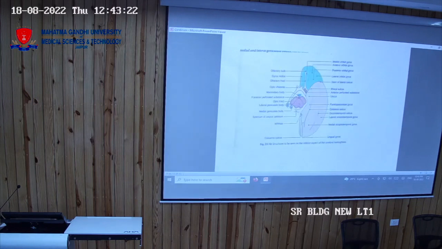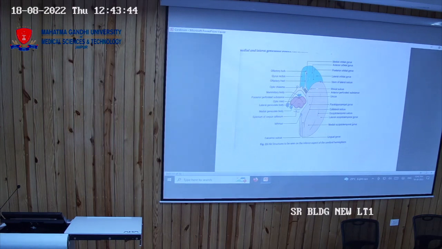Now you can understand better by this diagram. This is the olfactory bulb and olfactory tract, and it divides into two parts here, and this is the anterior perforated substance, and this is the S-shaped sulcus. And this demarcation you can see here is the stem of the lateral sulcus.